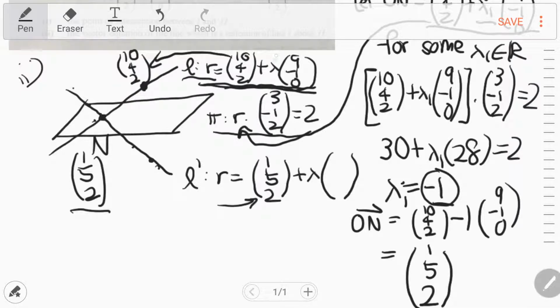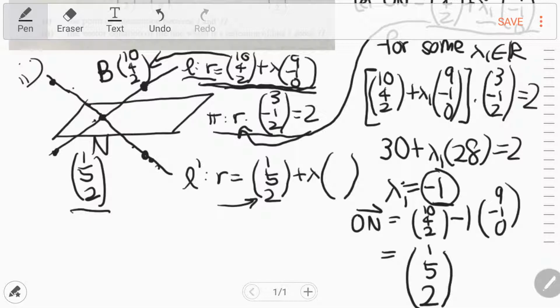Or I could use any value of lambda to get another point on this line. It doesn't matter whether this point is here or here, it's still useful, and I can still get the corresponding reflected point. I call this point B for convenience sake.